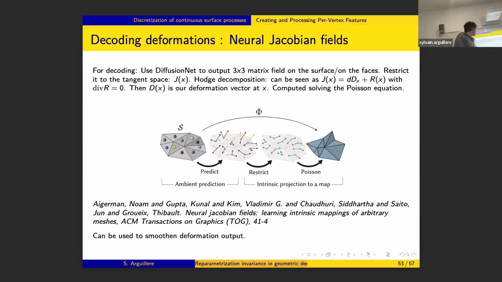So you get on each face a 3 by 3 matrix. Then you restrict it to the tangent space of the triangle, so you get a linear transformation from the tangent space onto R3. And you say, I want this transformation to be the Jacobian of an actual deformation, the differential of an actual deformation.